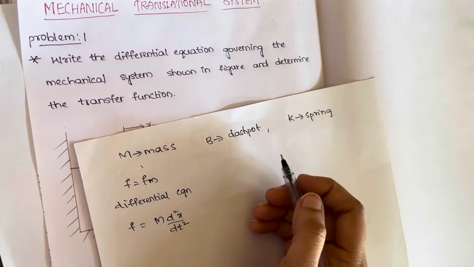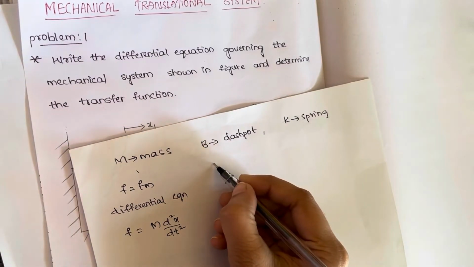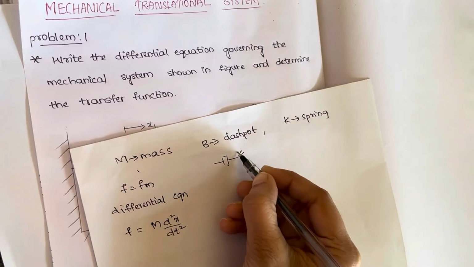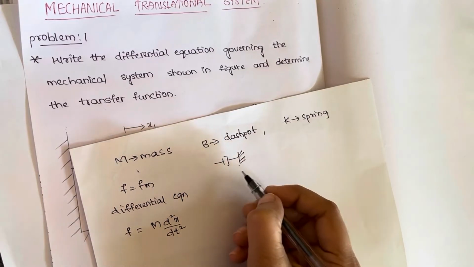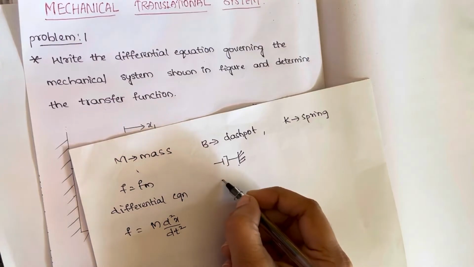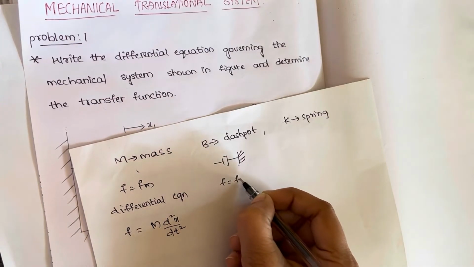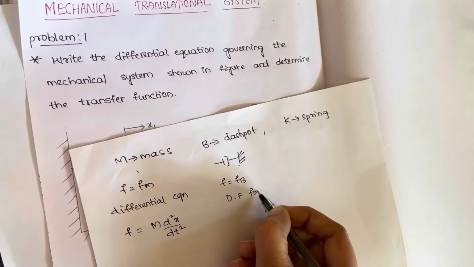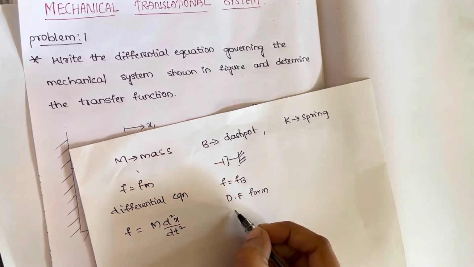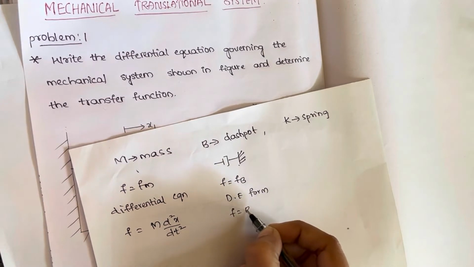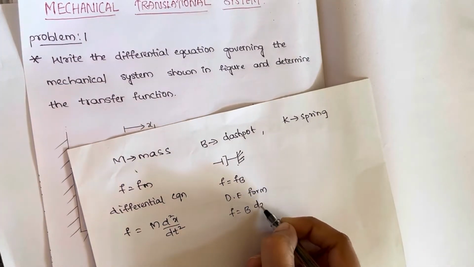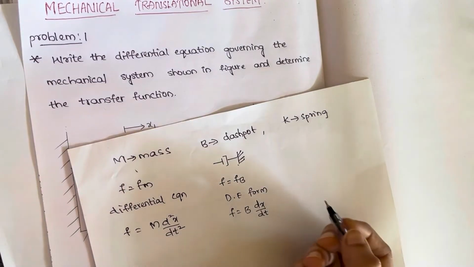For dashpot, how does the dashpot look? This is the dashpot. We have f equals fb, and the differential equation form is f equals b into dx by dt.